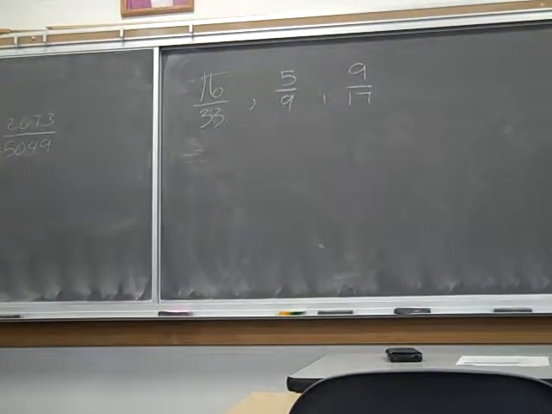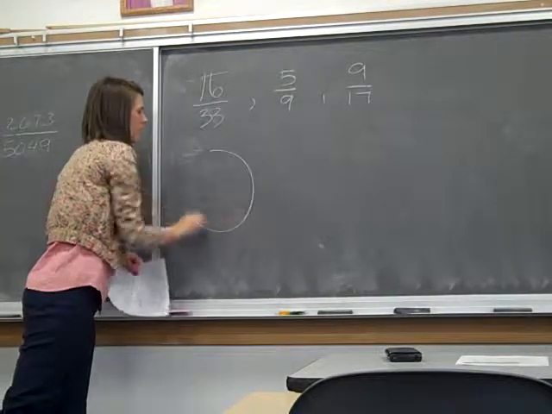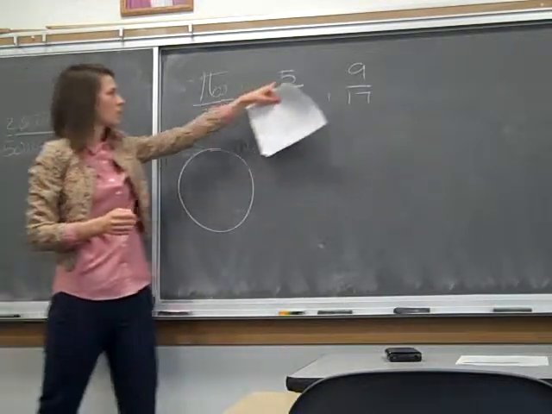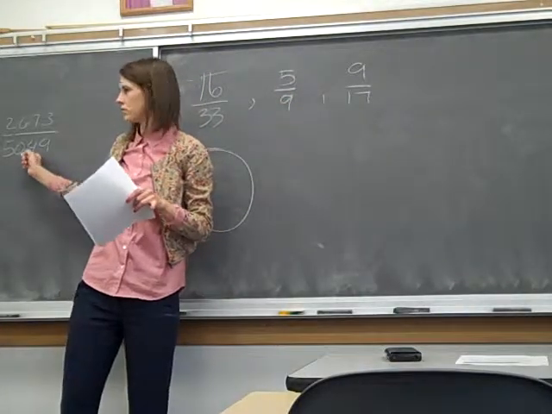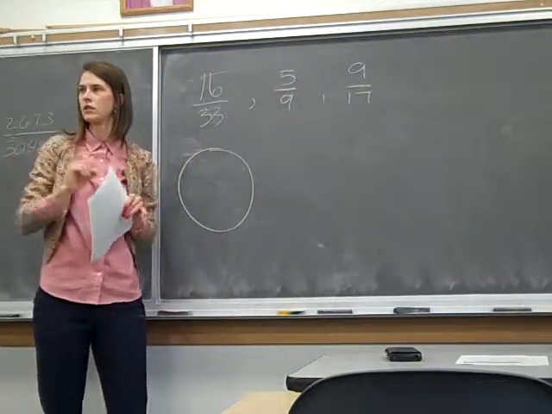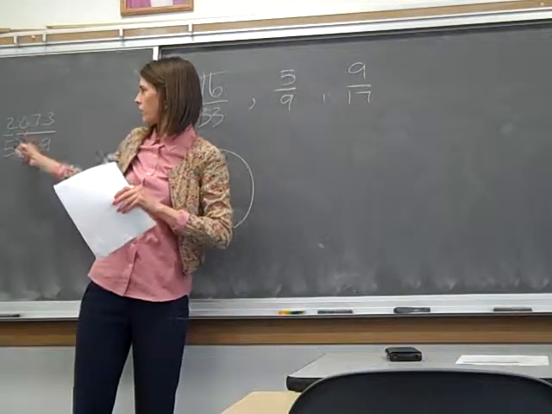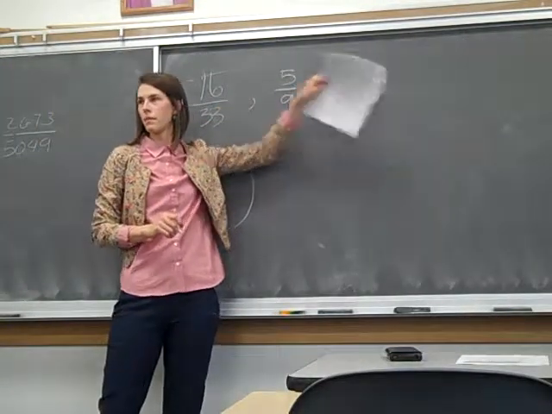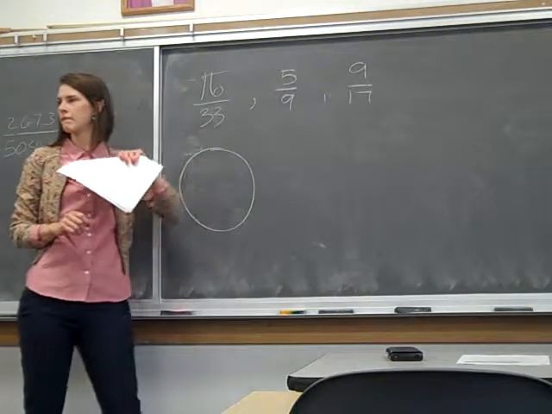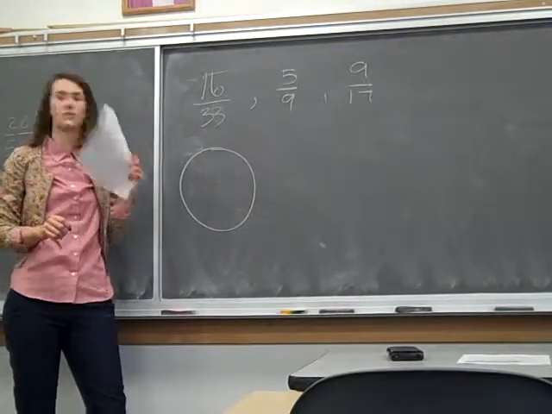Does that make sense? So say we have 33. What's 16 times 5 times 9 again? It's right here, right? Oh no, that's the bottom. So what's 16 times 5 times 9? What was it? 720?